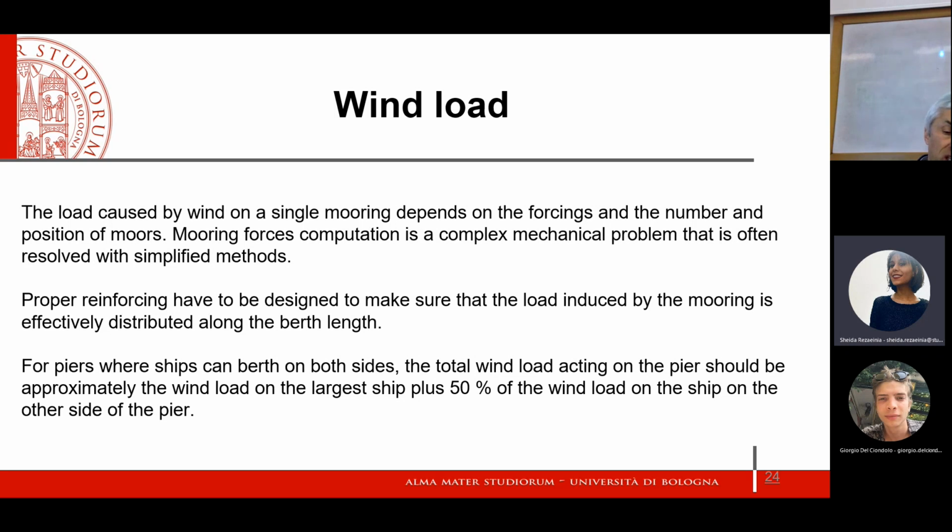So we don't just sum the two wind loads. We are allowed by many regulations to decrease the load on the other side by 50%. So we take the largest ship and we assume that the wind load is full on the largest ship, and on the other side we are allowed to reduce 50%.